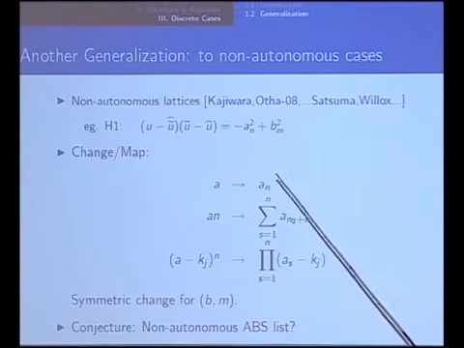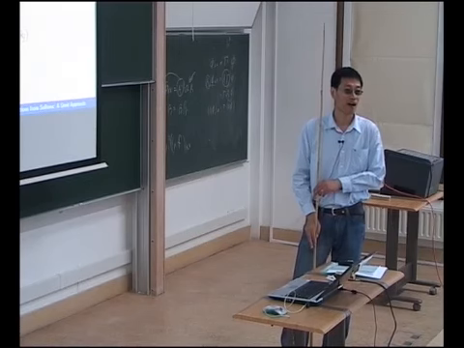It's a symmetric change for n and m. So one conjecture is, can we do such non-autonomous generalizations for the ABS list or for the bilinear case?